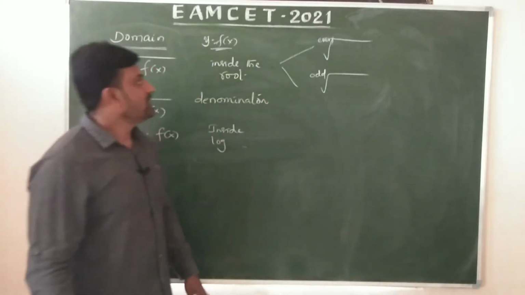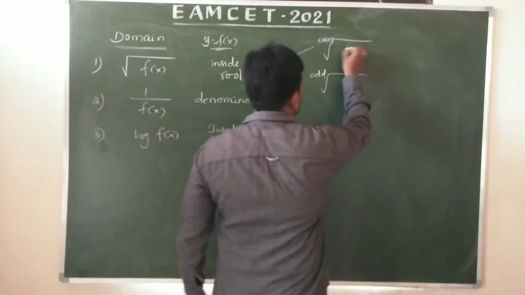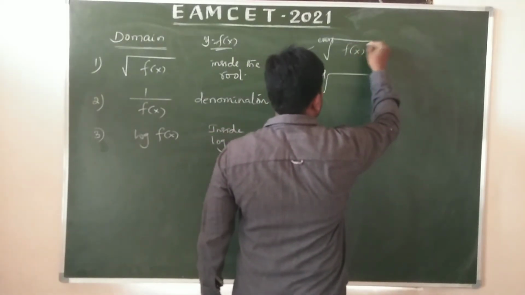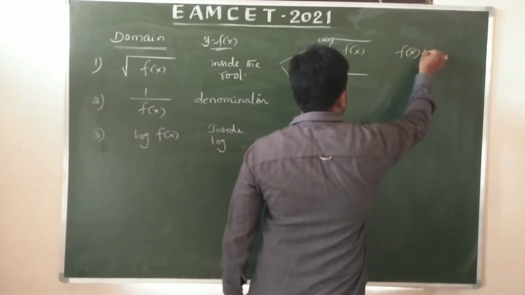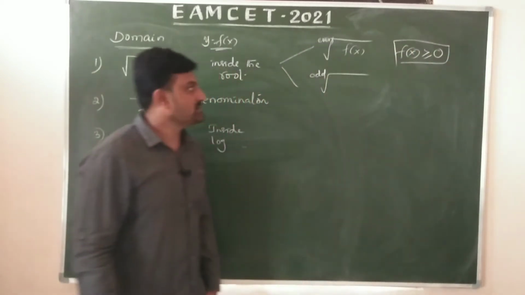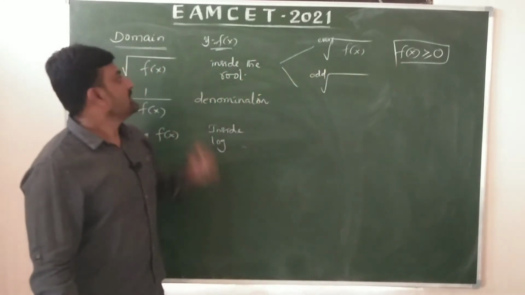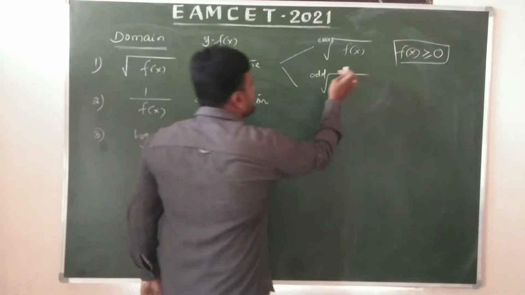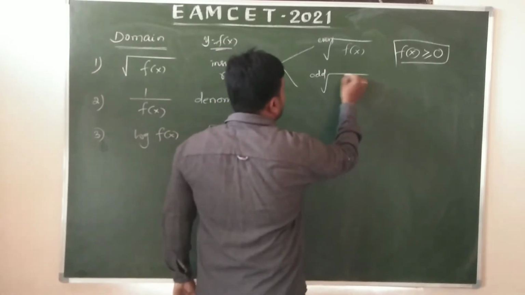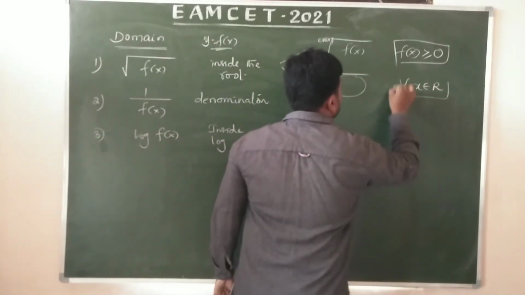For even root, the function f of x is greater than or equal to 0. That interval is called the domain of the given function. For odd roots, we take for all x belongs to R as the domain.